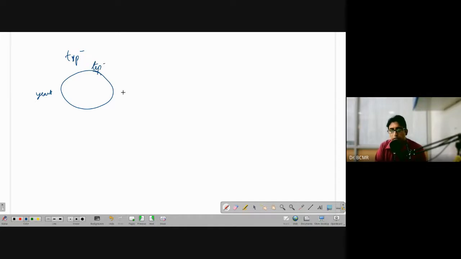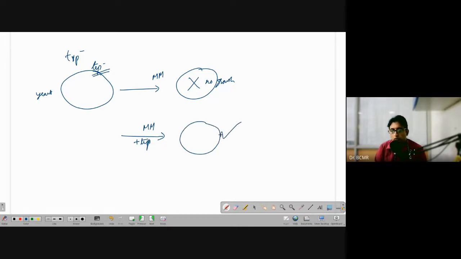It is auxotrophic for tryptophan, so it cannot synthesize tryptophan. If you are growing it in minimal media, it will not grow. Why is that? It is unable to make tryptophan. If we put it in minimal media, we should have supplemented the minimal media with tryptophan, and then it will grow, right?